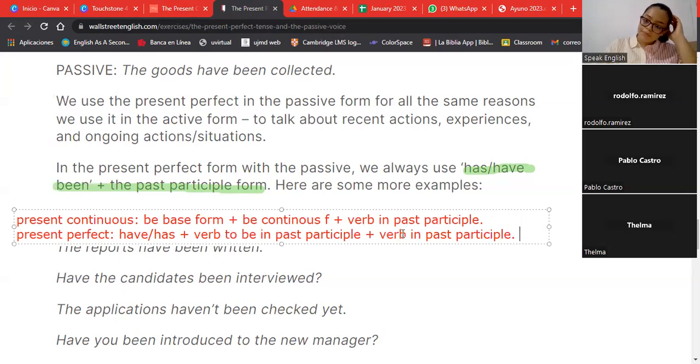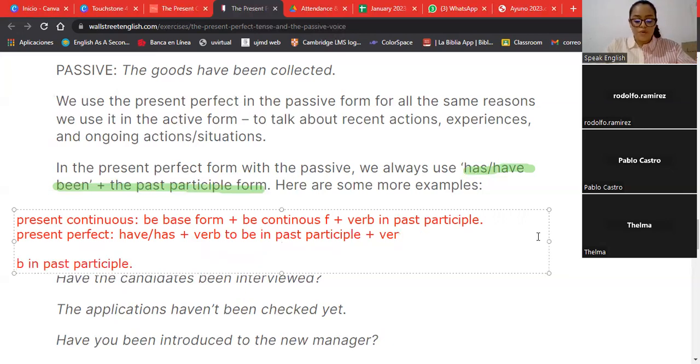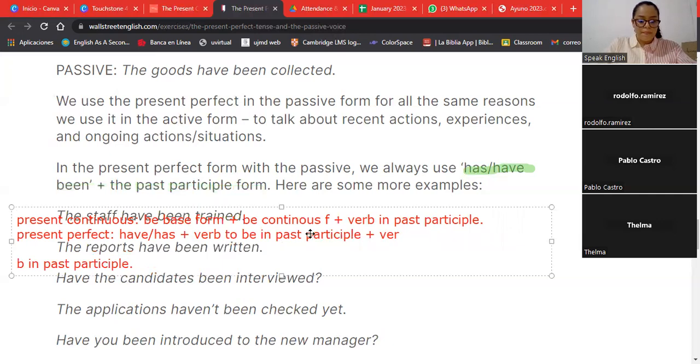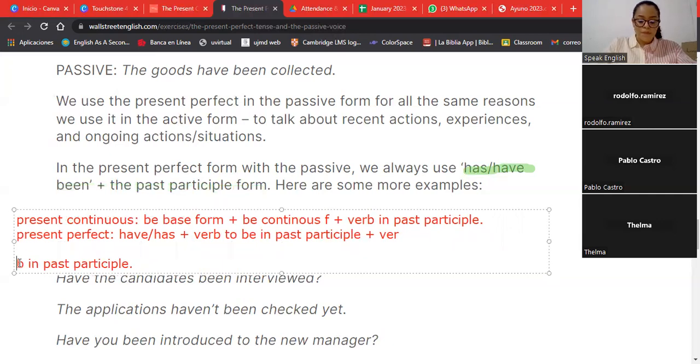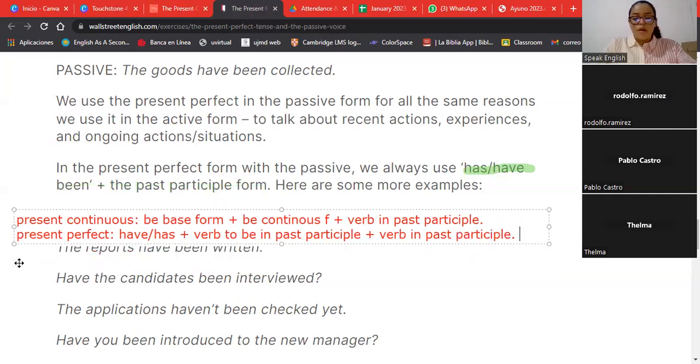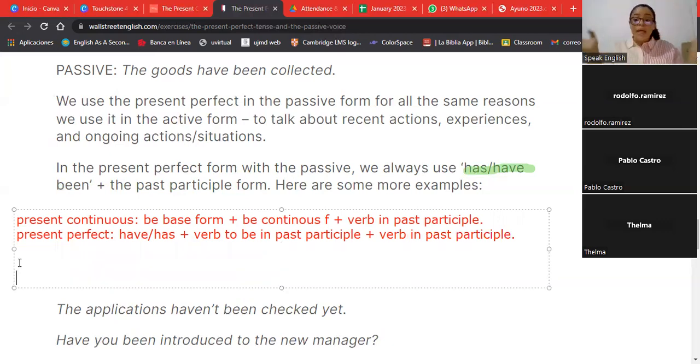So as you see, the structure changes, right? But basically, if we can have a main structure, the main structure would be auxiliary plus verb to be plus main verb.